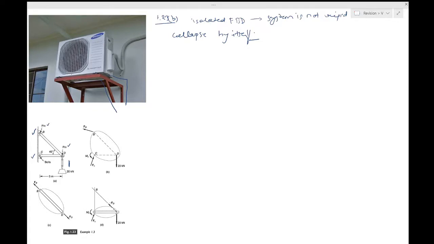Now the whole point of this stand, which is able to hold the air conditioner, is that there are certain forces and moments applied which do not allow it to collapse. So the external forces F_B, F_C and M_C are sufficient to prevent collapse.